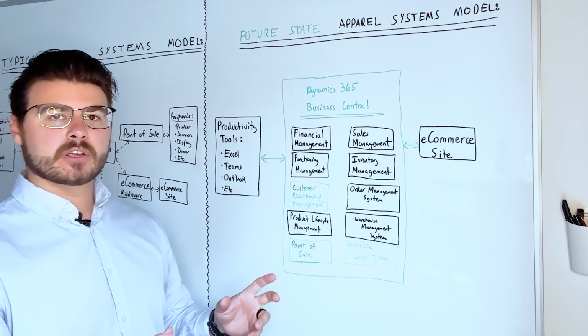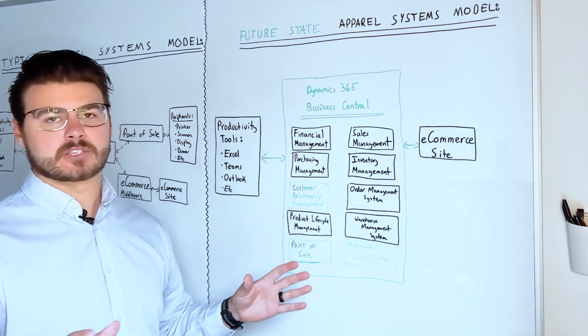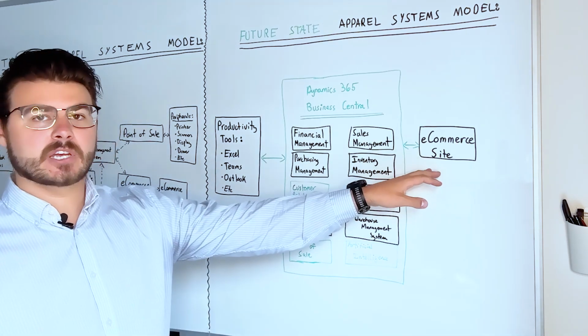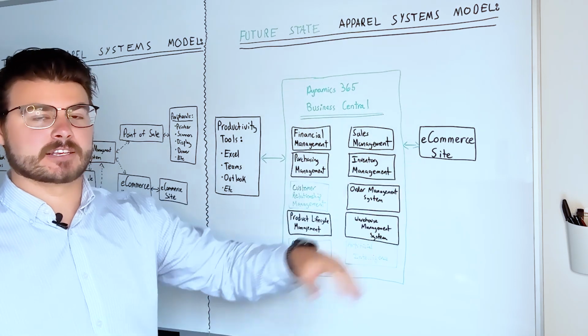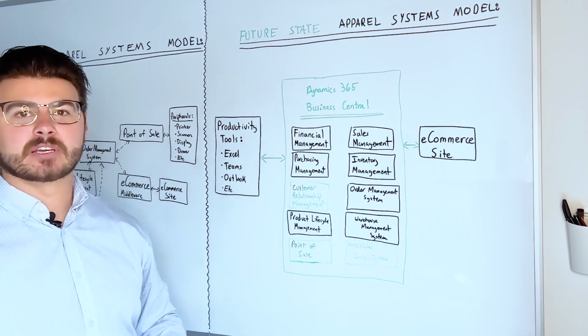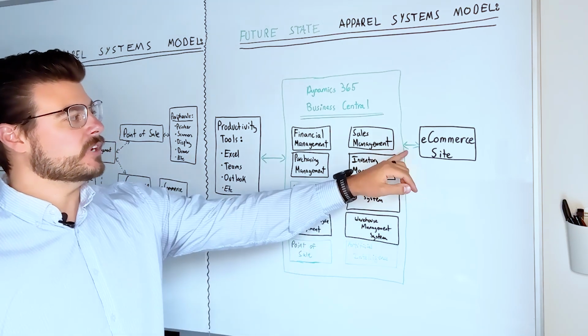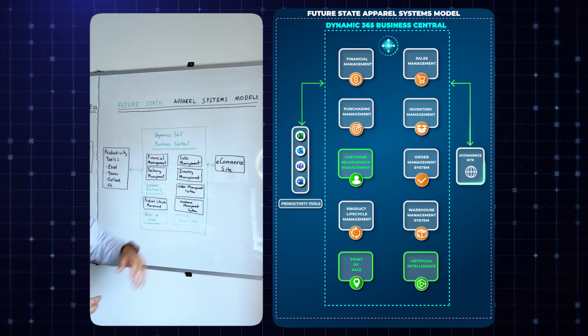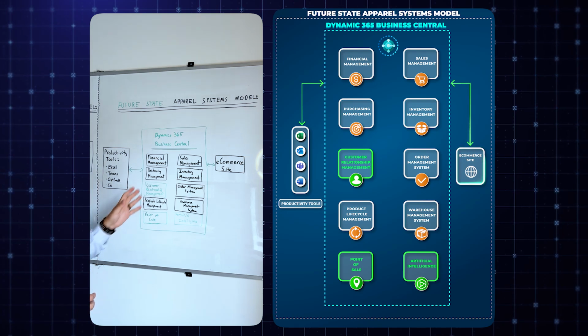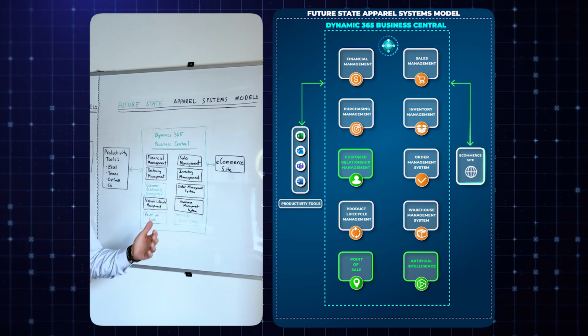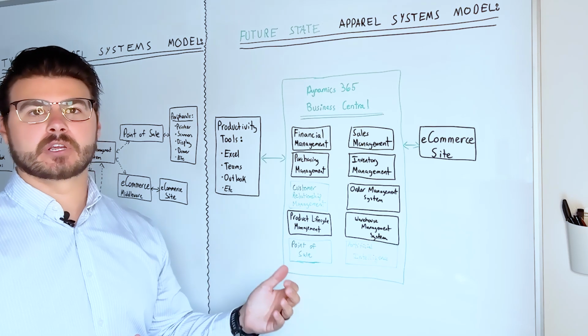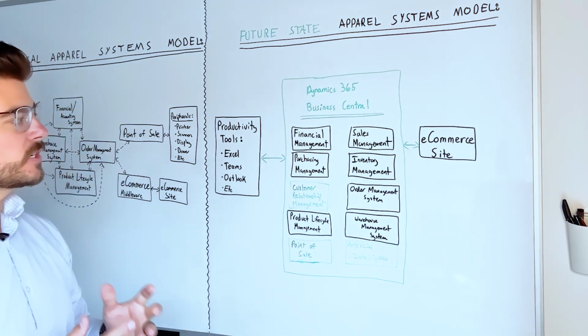Really, the two areas that we typically see as still external systems are the e-commerce site, whether Shopify, BigCommerce, or whatever e-commerce platform you're leveraging, but having an automatic integration between Business Central and the e-commerce site for the pulling and pushing of products, inventory, orders, refunds, things of that nature.